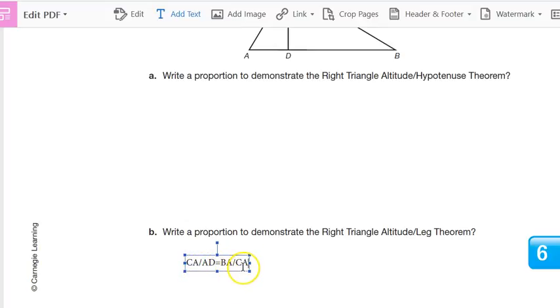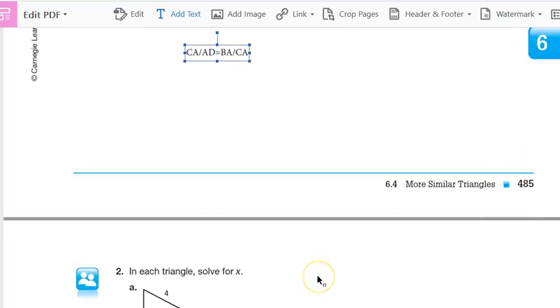Using the leg theorem, the one leg, in this case CA, is the mean, and it's the mean of the segment next to the leg and the whole hypotenuse. Since the whole hypotenuse is the part we didn't know, you could use that to solve the problem. That's how you'd set it up, okay?